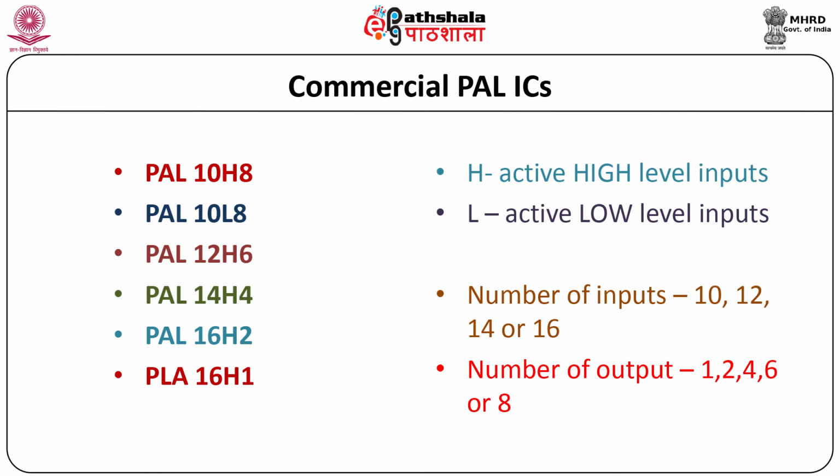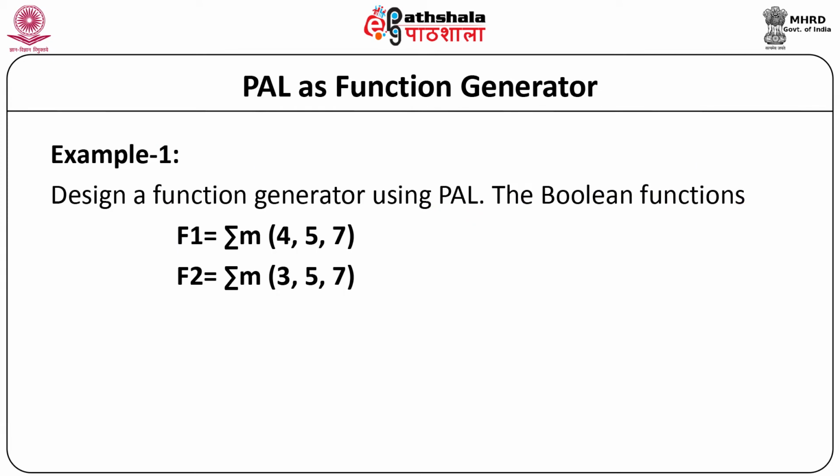All PAL chips are available in M/N format, where M is the number of inputs, N corresponds to number of outputs. In the above ICs, H and L characters indicate active levels of the outputs. The number of inputs can be 10, 12, 14 or 16 and the number of outputs can be 1, 2, 4, 6 or 8. To demonstrate the use of PAL as PLD, let us consider few examples.